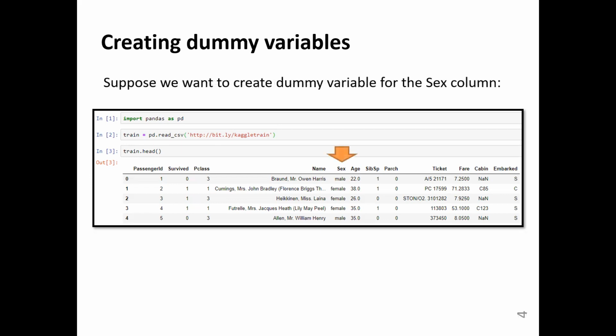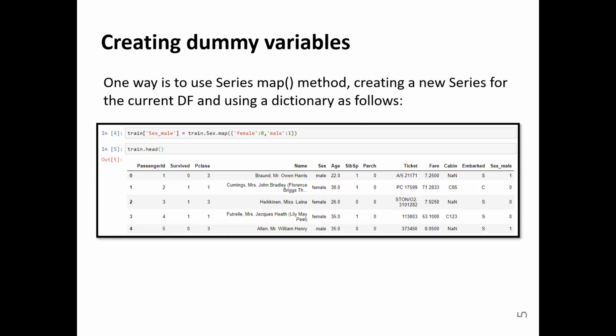Here it says suppose we want to create a dummy variable for the sex column, and for doing so, for the first time, we use map. So we map the female, which means wherever we have the string female, just replace it with 0, and whatever we have the string male, say it is 1.